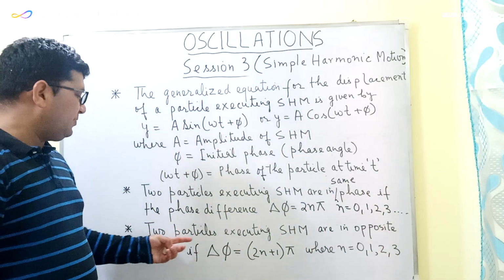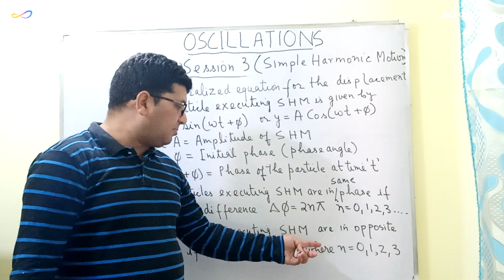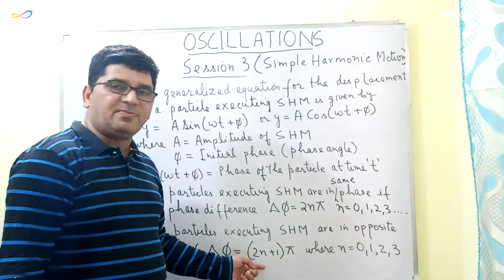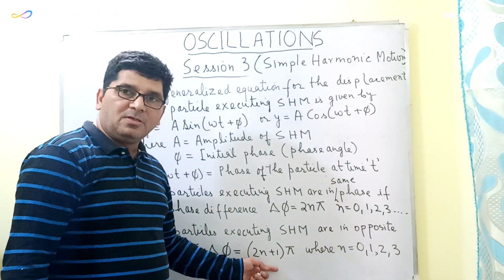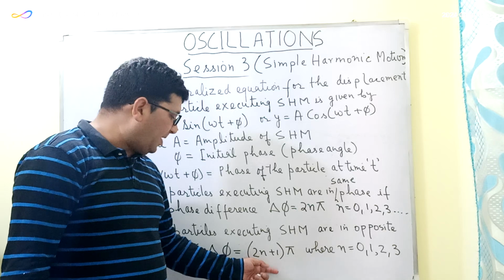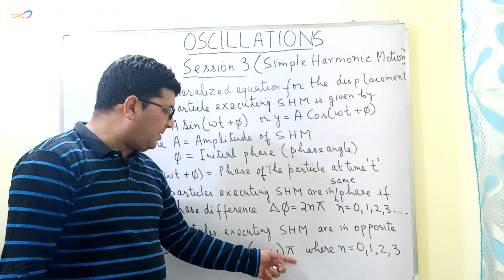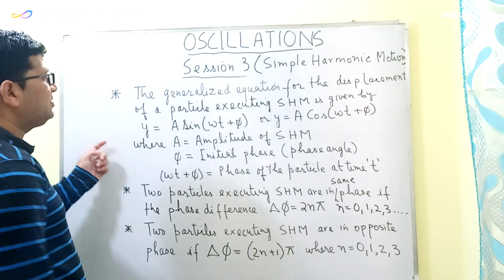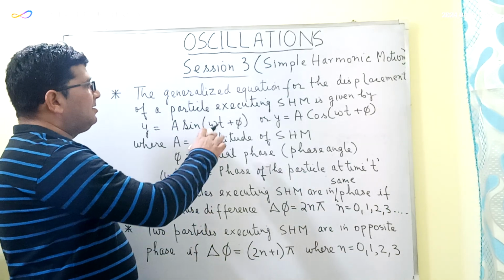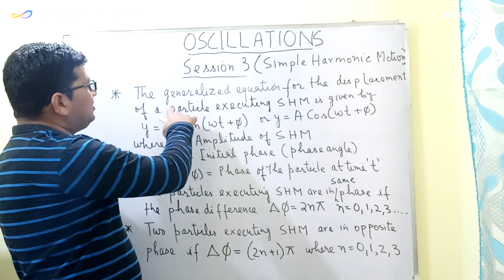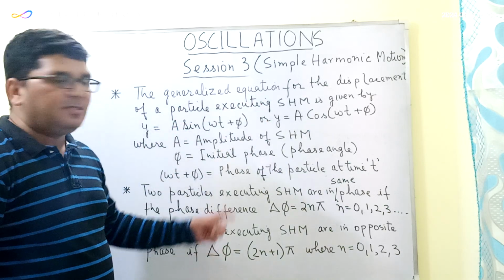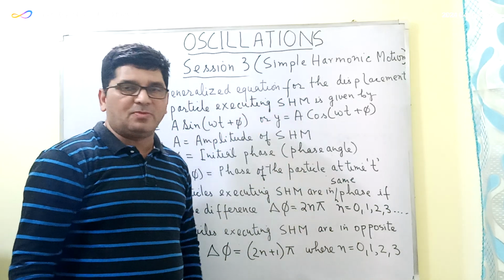And the two particles are in opposite phase if the phase difference between them is an odd multiple of π, that is (2n + 1)π, where n is equal to 0, 1, 2, 3. So these are the three important points in reference to the displacement of the particle which is executing simple harmonic motion.